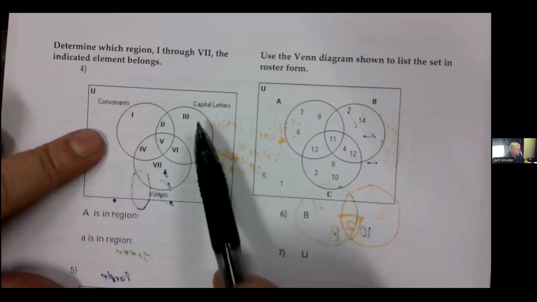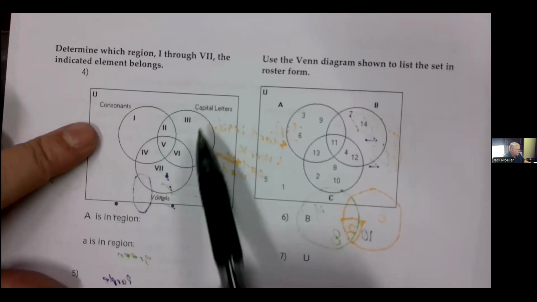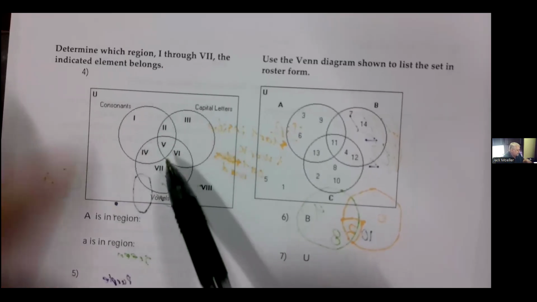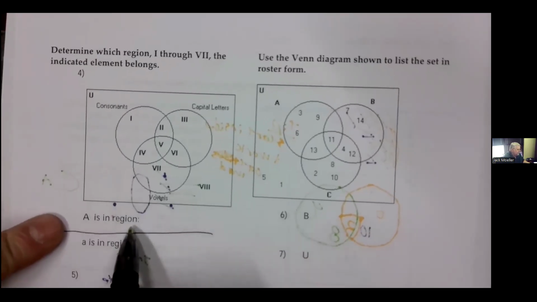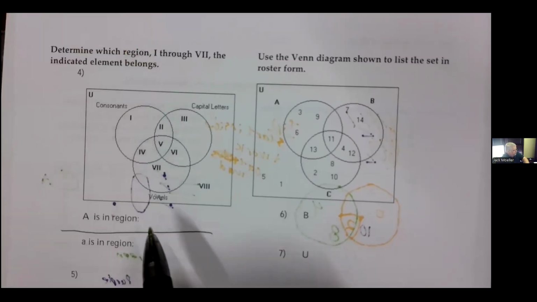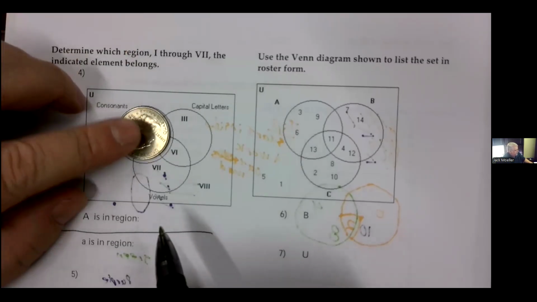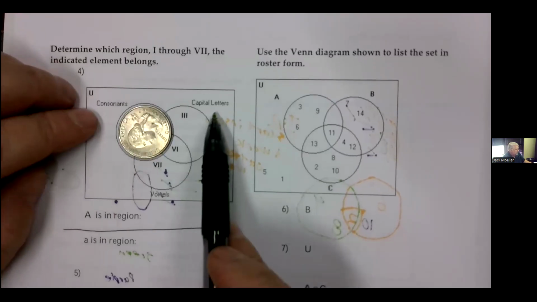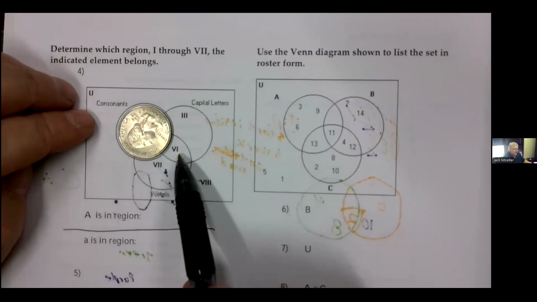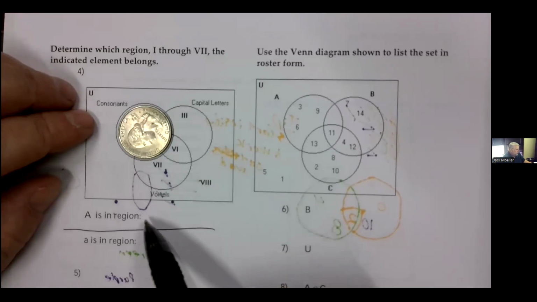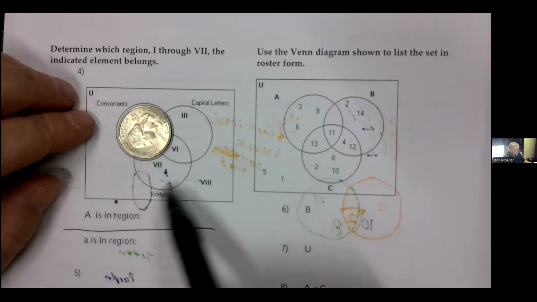So there's our consonants, our B's are capital letters, our C is our vowels. It wants to know what region capital A would be. So capital A, it's not a consonant. It is a capital letter, so it's in either region 3 or 6. Okay, it is a vowel, so it has to be in C as well.